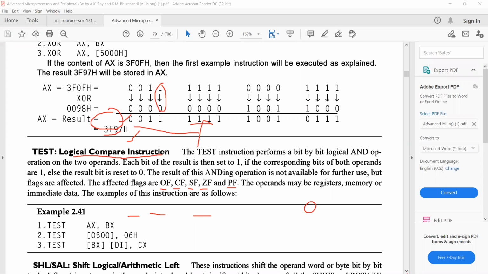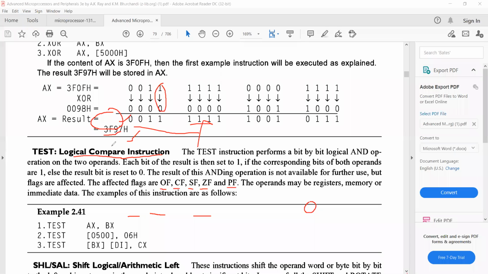In the arithmetic instructions, we saw the compare instruction, which compares the data between registers or anything else. Similarly, this test instruction is also a compare instruction, but it compares logically by performing the AND operation. In the arithmetic instructions, the comparison is done by using the subtraction operation, but here in the logical comparison, it is done by using the AND operation.